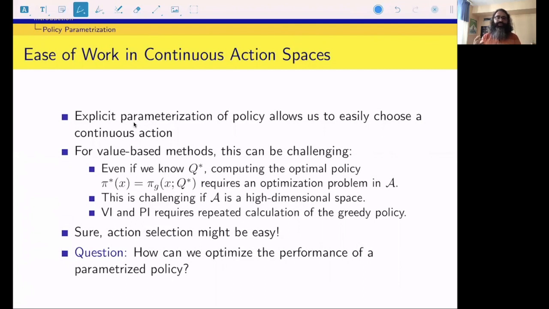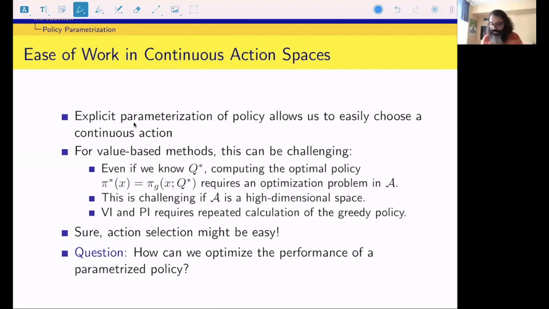For example, in the case of a normal, as long as I can sample from a normal distribution given a mean and covariance, which computers can do easily, then I can sample an action that is continuous. This is a difference with value-based methods, because value-based methods might be a bit difficult to work with continuous action spaces.